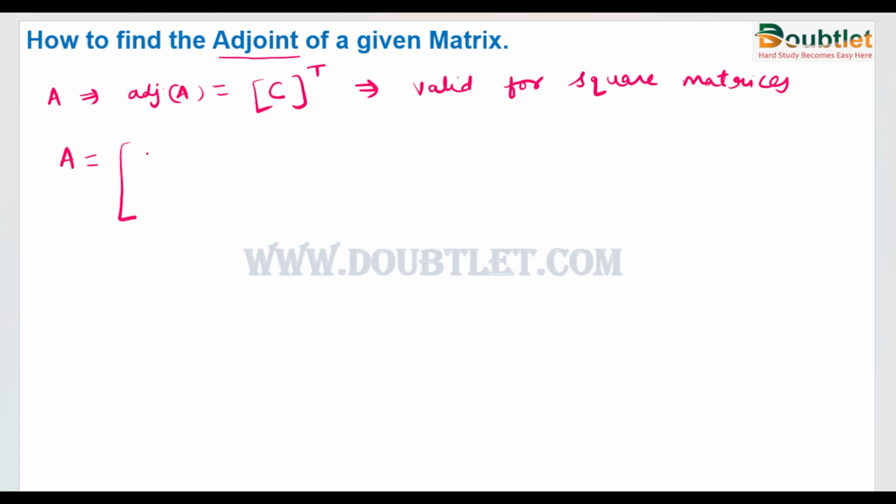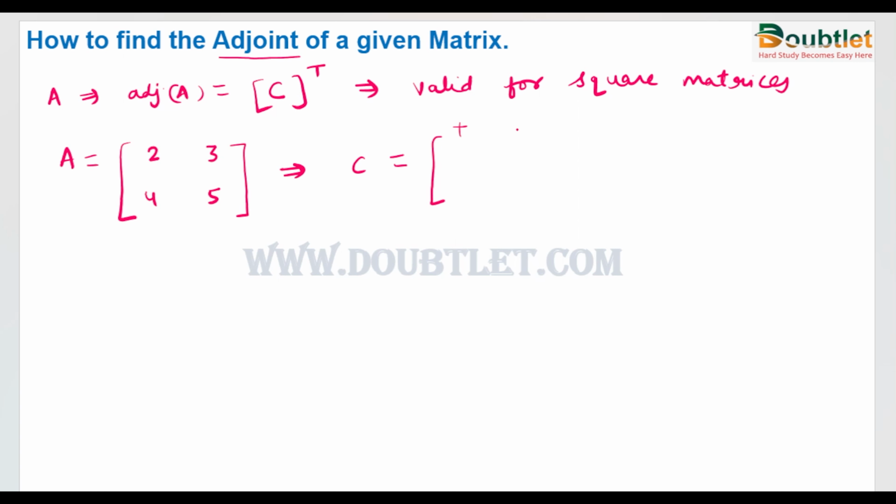So let's suppose there is a square matrix of 2 cross 2 order. We can write this as 2, 3, 4 and 5. So this is a square matrix. Now if you want to find the adjoint of a matrix, first we will find the cofactor matrix of this A. First we have to find the minors and then multiply by minus 1 to the power i plus j.